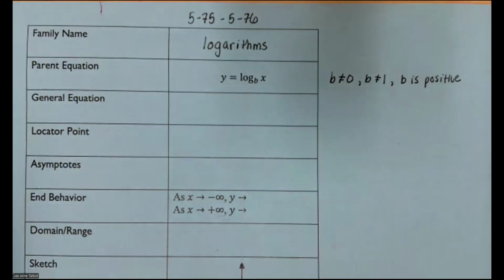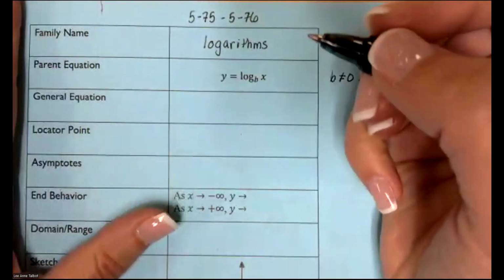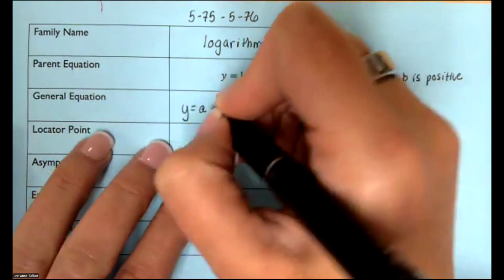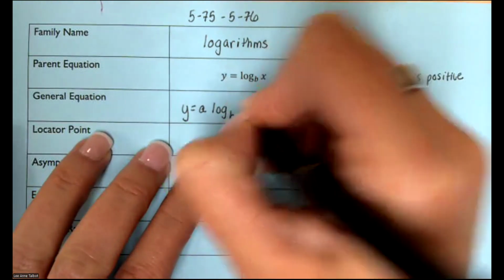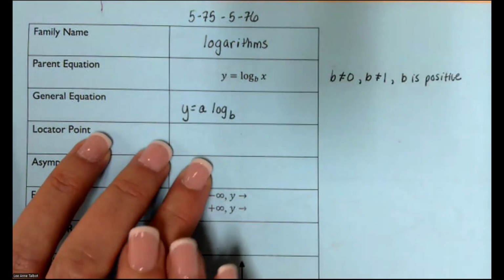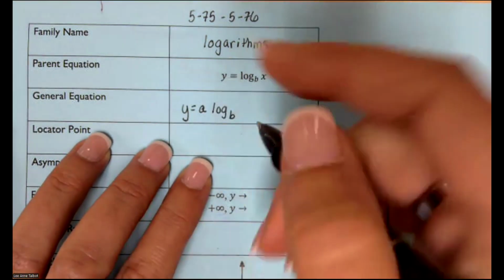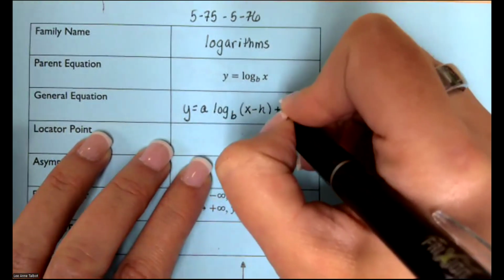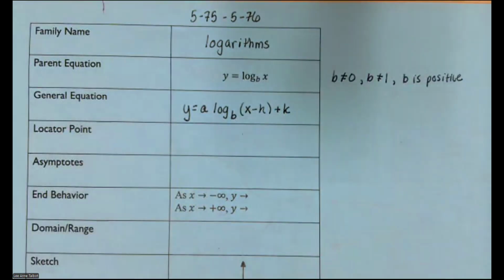All right, so general equation, just like you might think. The A goes in front. Log base B, which for us in this problem is going to be 2. We're going to choose it to be 2. X minus H plus K. Is that really that much different from what you would expect?